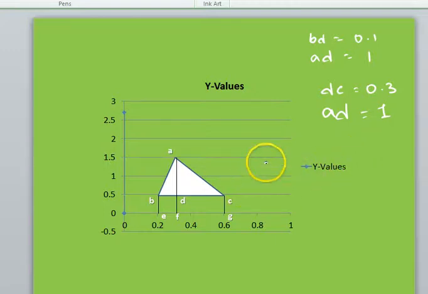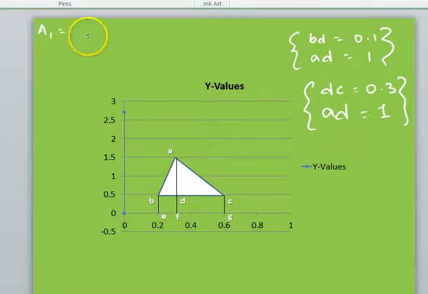It is the area of triangle 1 plus the area of triangle 2. A1, the area of triangle ABD, is half of base BD, which is 0.1, into height AD, which is 1.